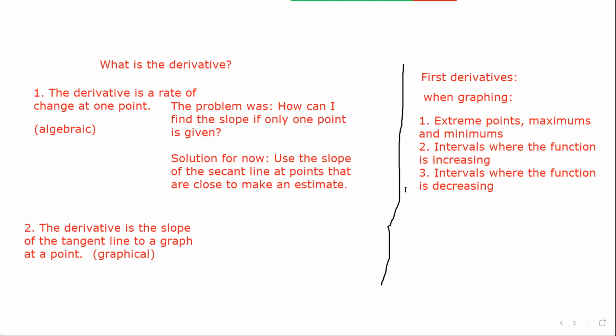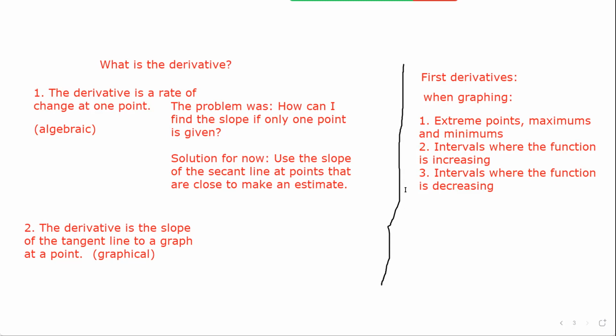Now, in terms of applications of first derivatives, that depends on what field you're in. If you're in physics, it can be things like velocity. If you're in economics, it can be things like marginal cost. If you're in, say, sociology, it might be the growth of population over time.